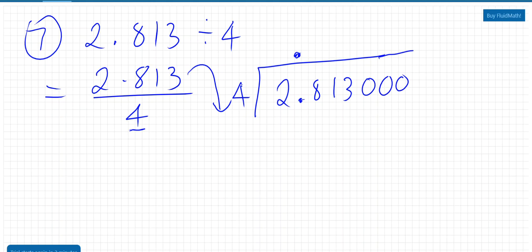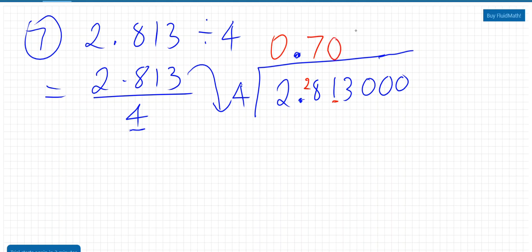Okay, so now let's start dividing. So can 4 go into 2? No, so I've got a 0 out there. So I'll carry the 2 onto the 8. Okay, so I've got 4 into 28. That can go evenly 7 times, so no remainders. 4 into 1, can it go? No. So don't forget to add the 0.